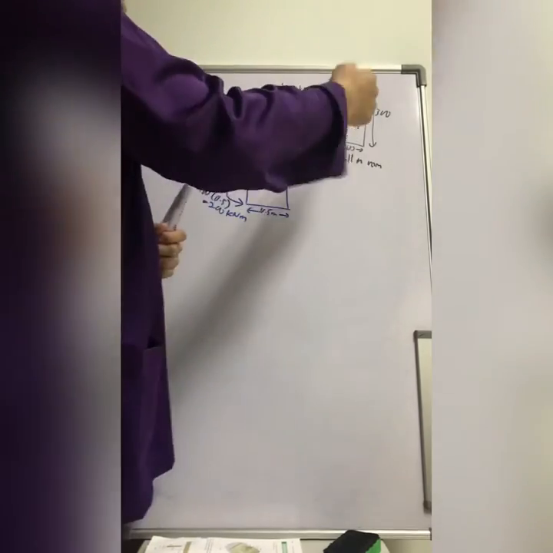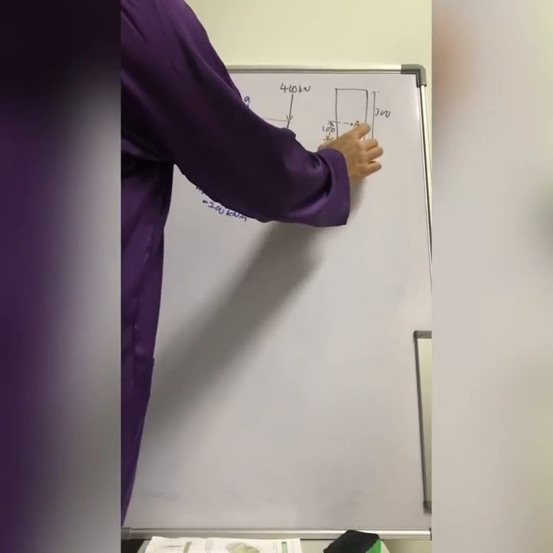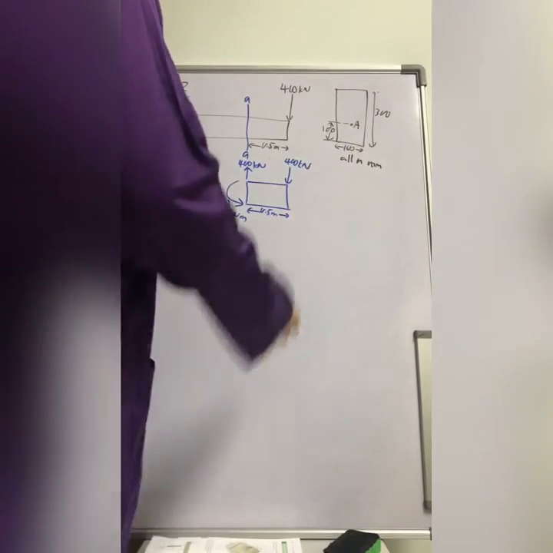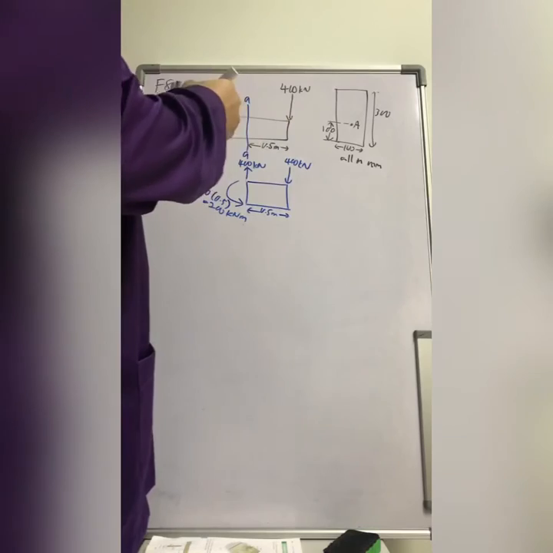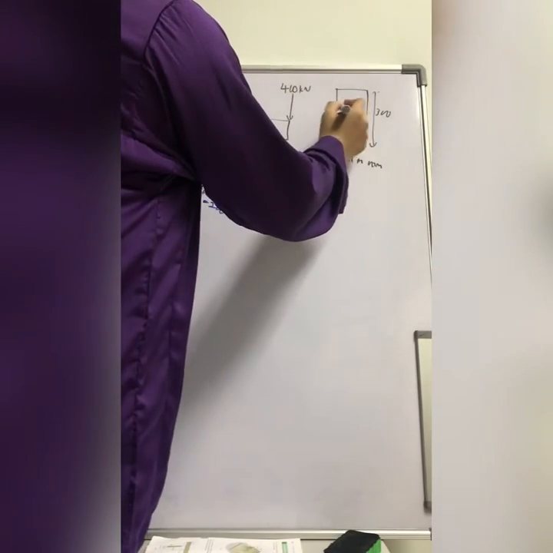So how about this rectangular cross section, 100 by 300? It is a rectangle, so actually it is simple. The centroid or the neutral axis in this case is simply half of that.